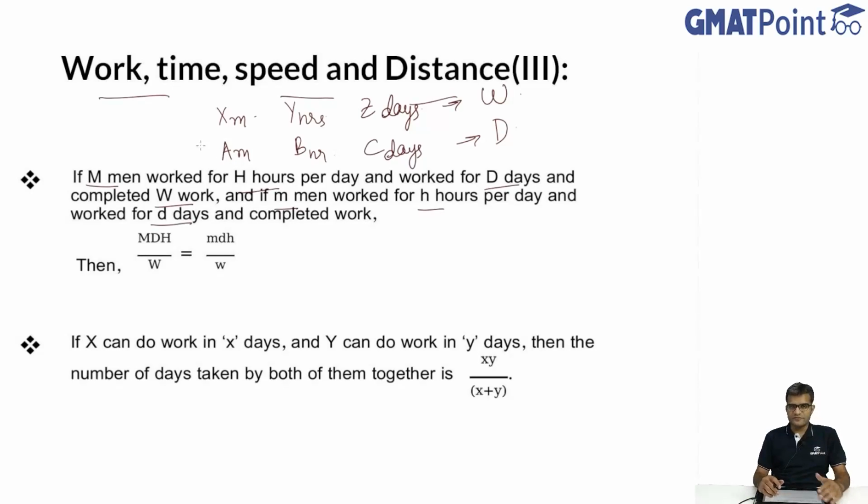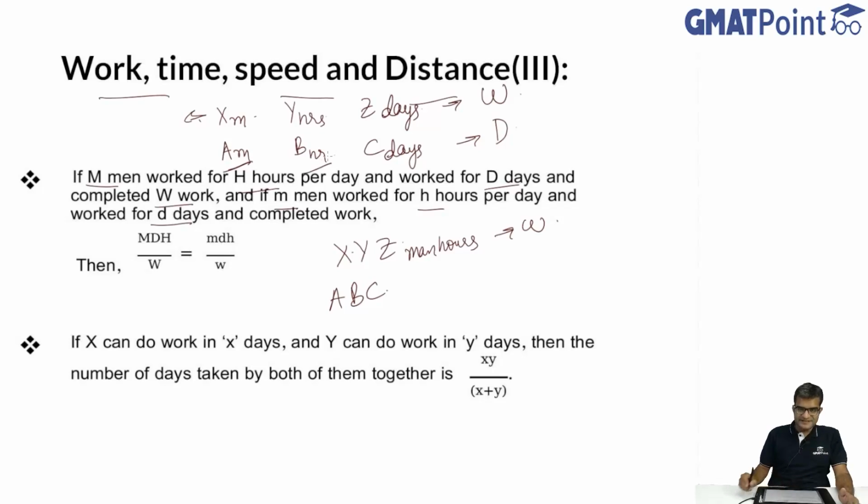Now the total number of man hours that were worked in the first case will be X into Y into Z. So X, Y, Z man hours was able to complete W work. Similarly, in the second case, the total amount of man hours is A into B into C. Because A men worked for B hours every day.